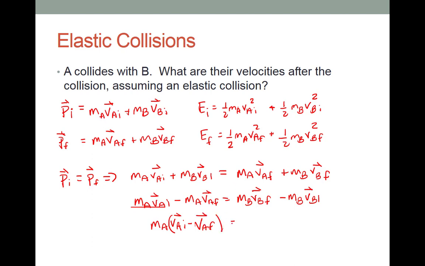Okay. Notice that for A, it's initial minus final. I'm going to pull out a negative MB, which allows me to write this as VB initial minus VB final as well. So both of them have the same basic format.